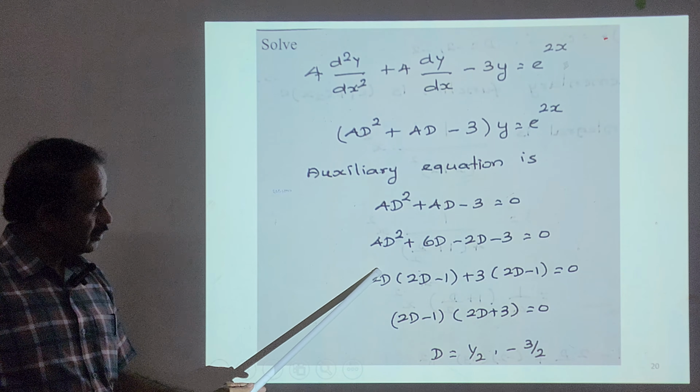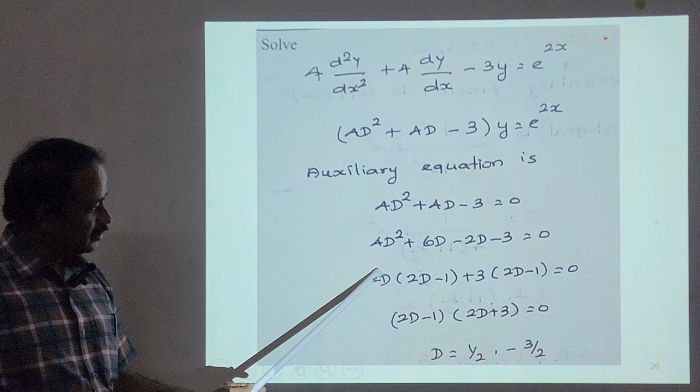So your complementary function will be, can you remember the last one? y equals e power alpha x multiplied by c1 cos beta x plus c2 sin beta x. Can you remember this one?